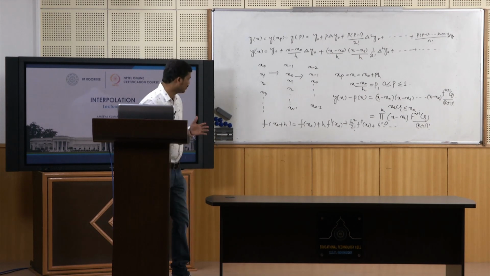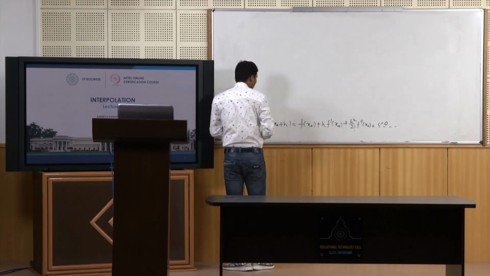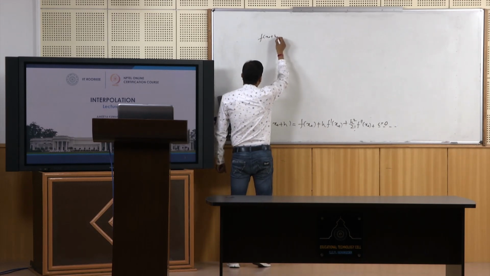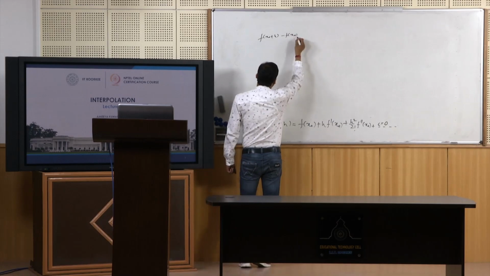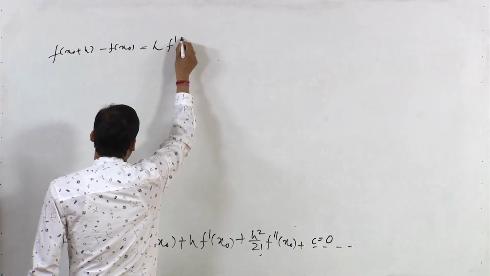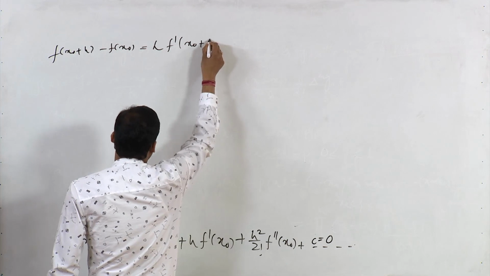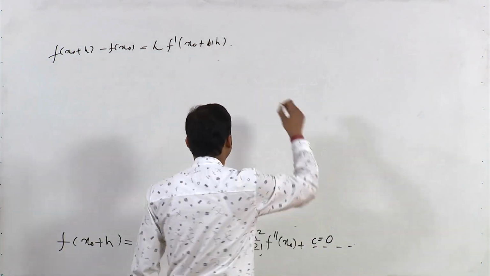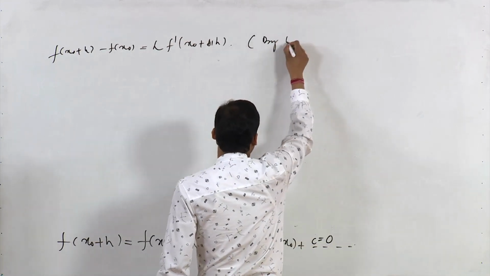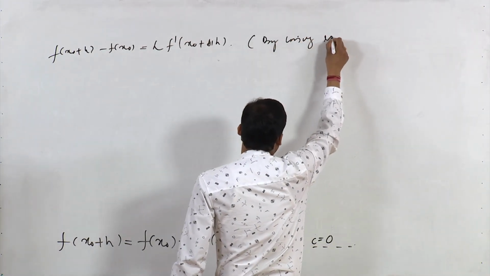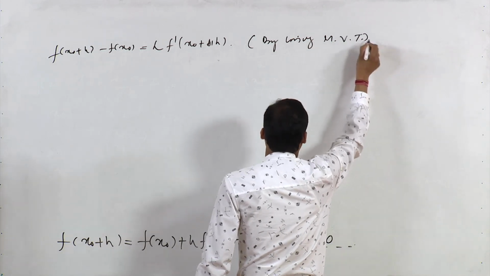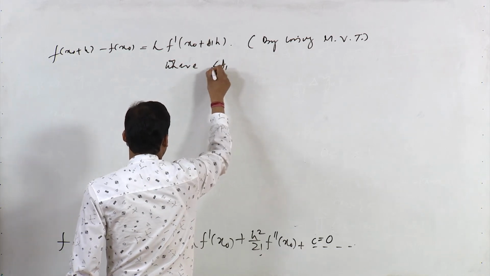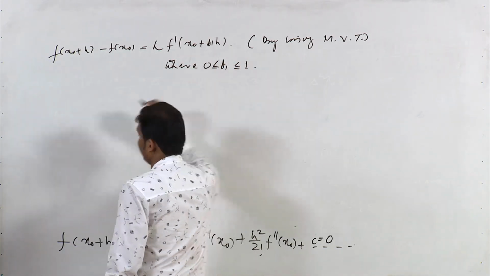If we go for this computation of f of x in terms of the f to the power k plus 1 term here, then we can use the mean value theorem for all other terms there. This means that we can write f of x0 plus h minus f of x0 as h f dash of x0 plus theta 1 h here by using the mean value theorem, where theta 1 should lie between 0 and 1 there itself.